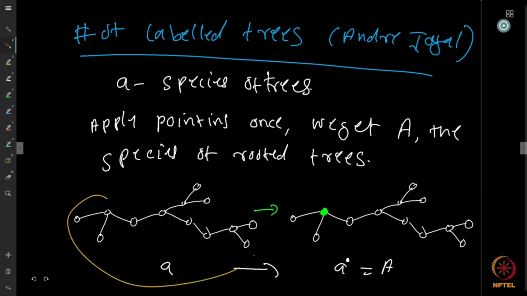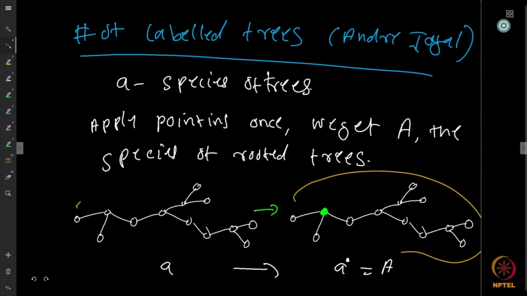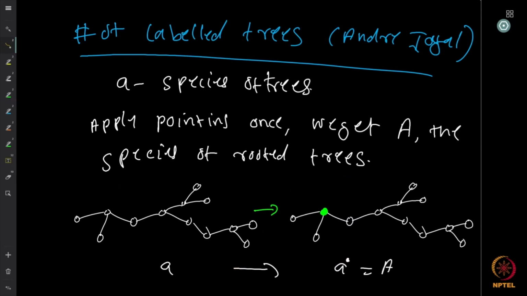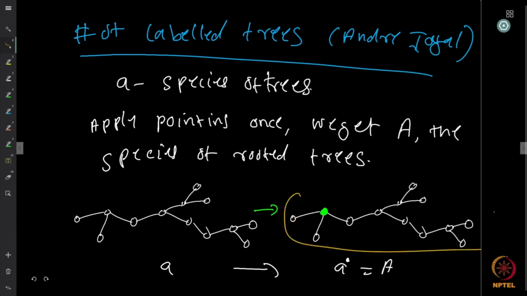So whatever tree you start with, you mark any one of the elements as root, and you get a rooted tree. Therefore, from the species A, you will get the species capital A, when I take the pointing operation, so A dot.